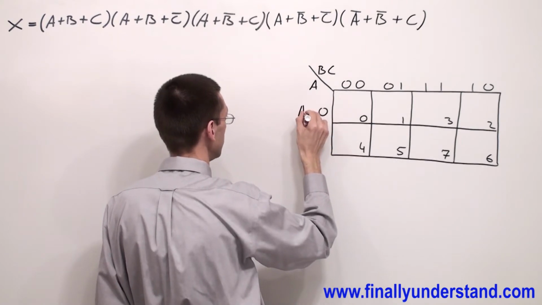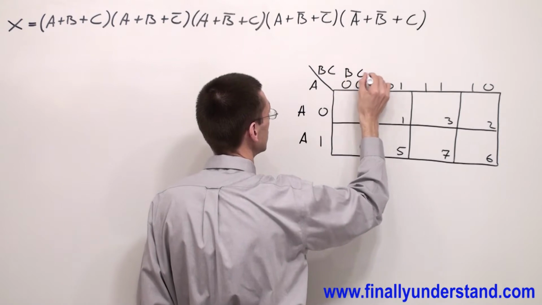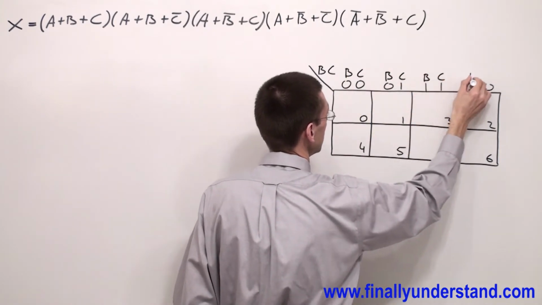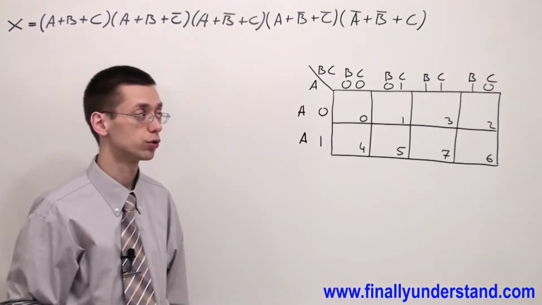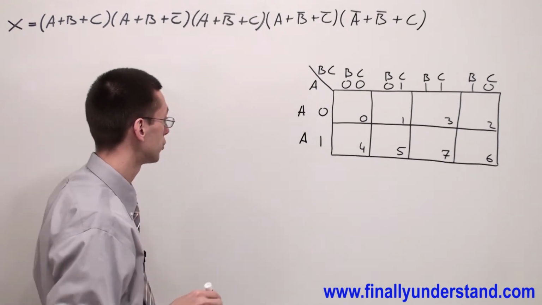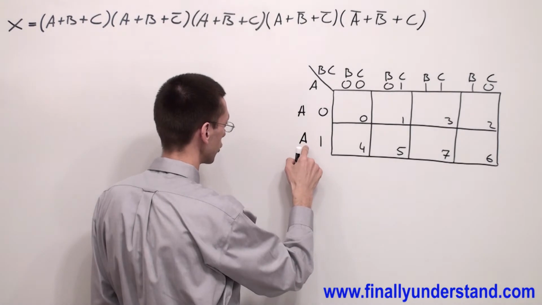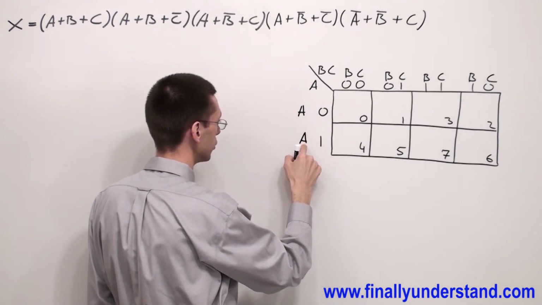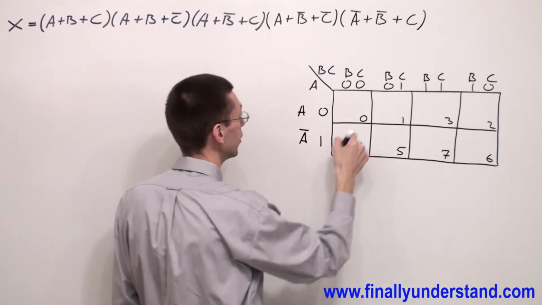I'm going to have A, and I'm going to have B, C, B, C, B, C, B, C. But because I'm going to simplify POS, product of the sums, I have to deal with zeros, and at this moment I'm going to draw the bar over every single variable which is next to 1 or above 1.